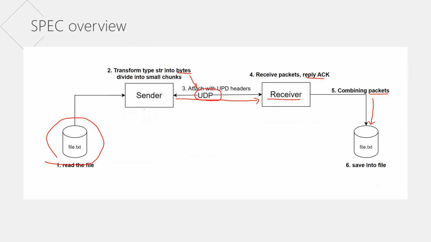So as you can see here, we need to write two different programs. The first one is the sender, and the second one is the receiver. But when you do the programming, maybe you want to do the receiver first, as you want to run the receiver first. Don't worry about it, and we will have a look at the demo code later.